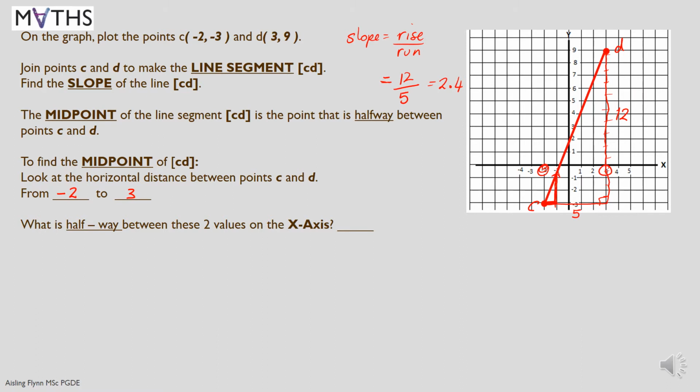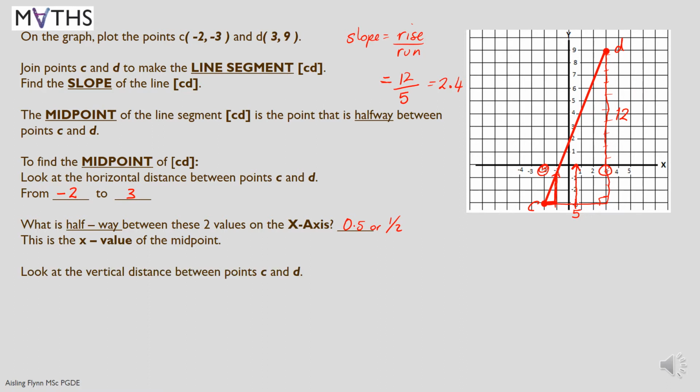Halfway would be 2.5 boxes, half of 5. It brings me here, halfway between 0 and 1, so I would say it's 0.5 or a half. And this is the x value of the midpoint.